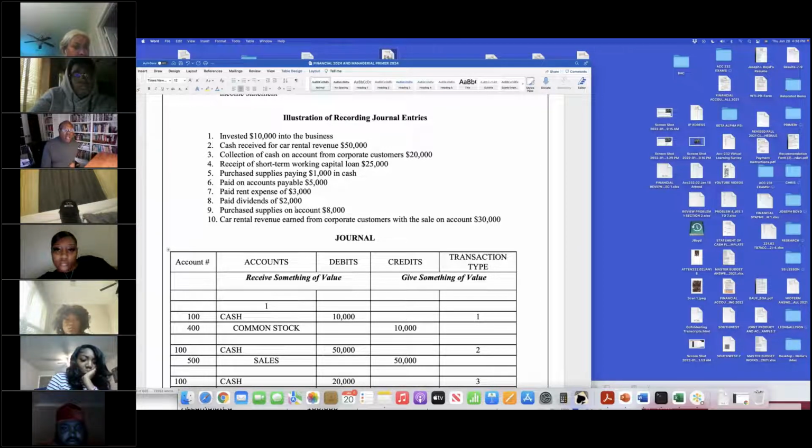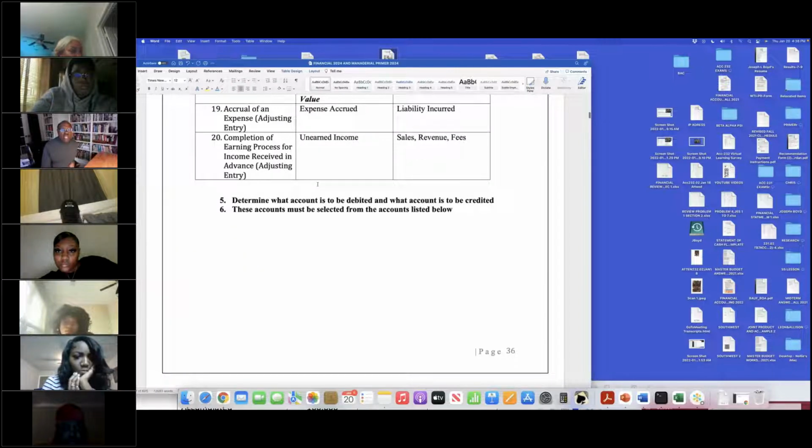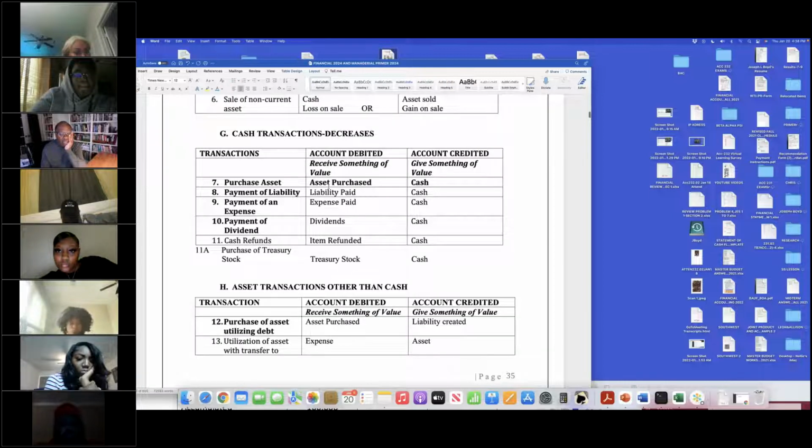These are all cash being paid out. So when we get to the journal entry types, cash is paid out. We purchase supplies. So that's a 7. The type is 7.